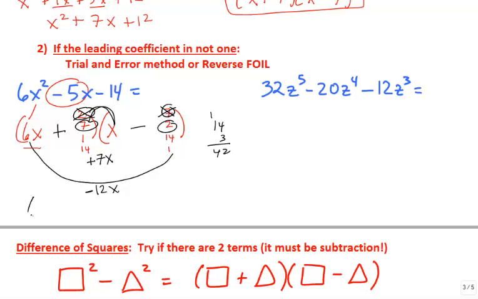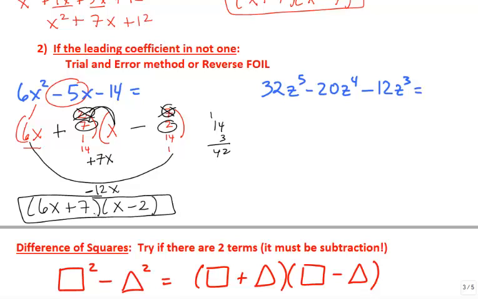So it looks like if I do 6x plus 7 times x minus 2, I know that I'll get a -5x in the middle. I know that I'll get a 6x squared out front, and a positive 7 times a -2 does give me a -14 as well. So we finally figured out the two factors of this trinomial.